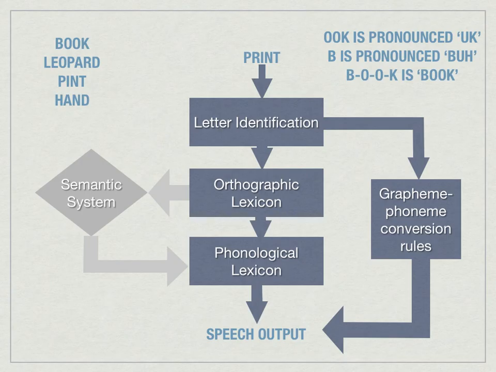The orthographic lexicon looks up B-O-O-K, it exists, it finds the pronunciation book, out pops the speech output book. At the same time, and quite independently, the grapheme to phoneme conversion system looks up O-O-K as a pronunciation. It knows that O-O-K in all English words, as in book, cook, look, took, and so on, is pronounced ook, B is pronounced B, and it also says, hey, that says book.